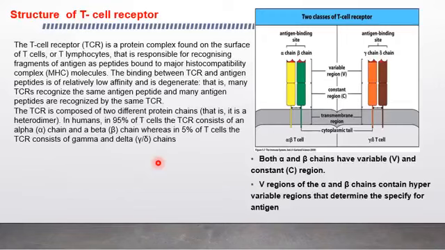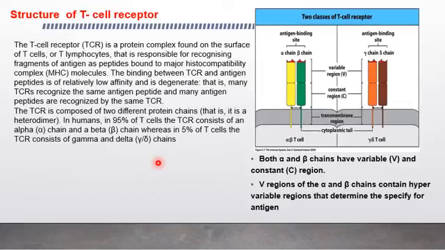So basically, the role of the T cell receptors in the immune system is just to engage and activate the immune response between the innate immunity and adaptive immunity.